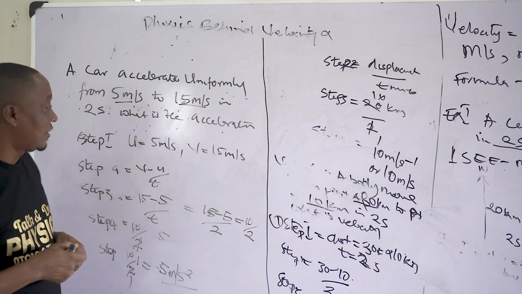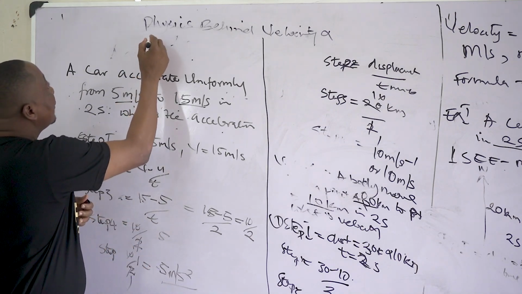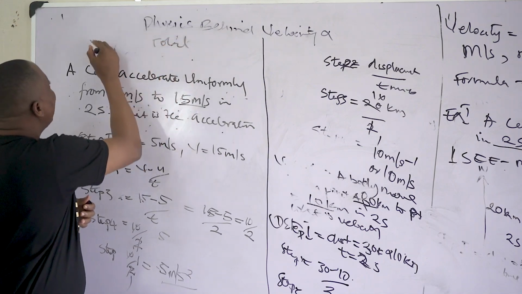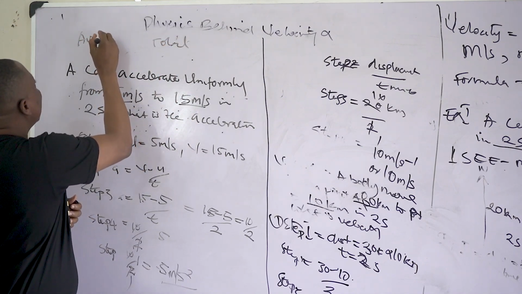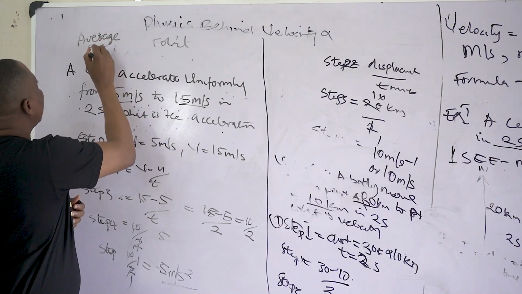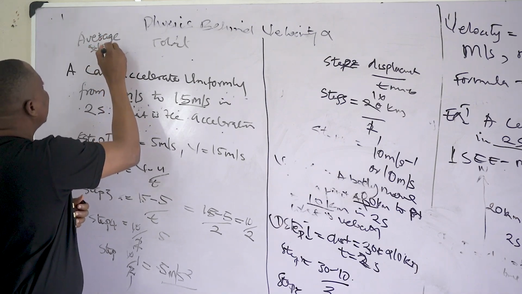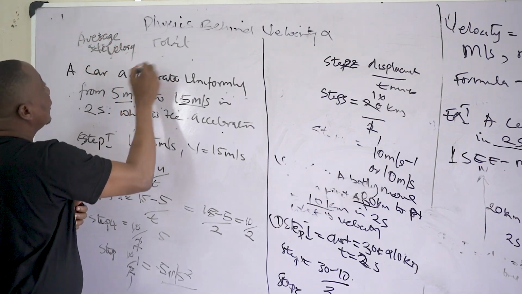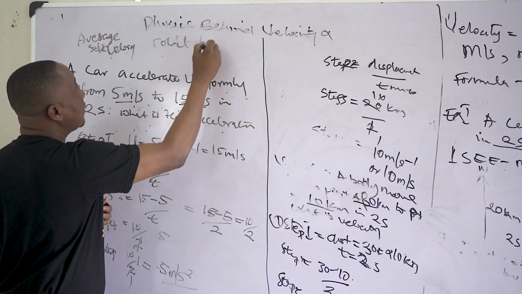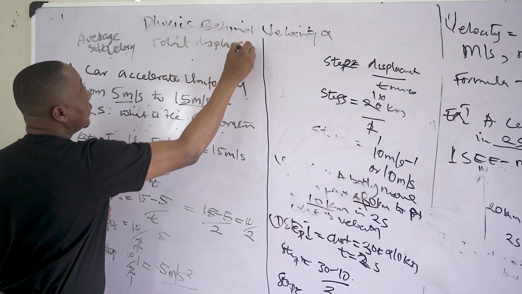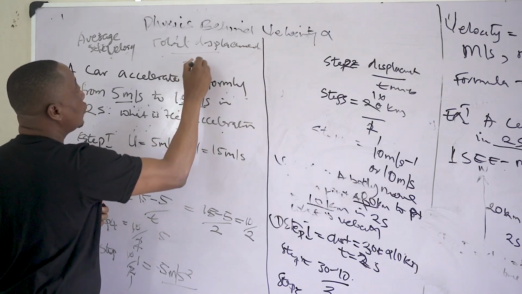Average speed or average velocity is equal to total displacement all over the total time.